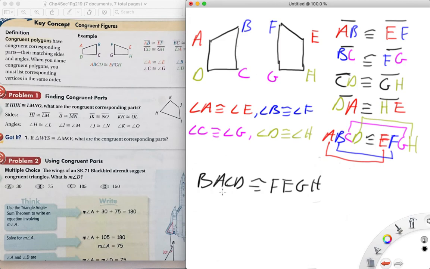A corresponds with E, A is second, E is second, and so on and so forth. I can write them in any order as long as they line up to their corresponding parts.